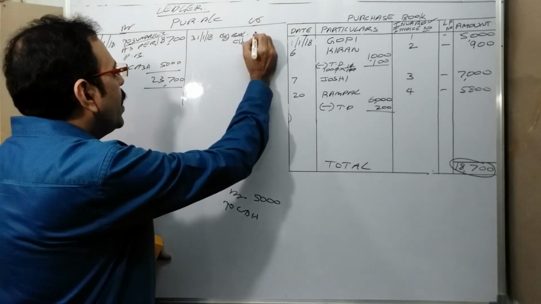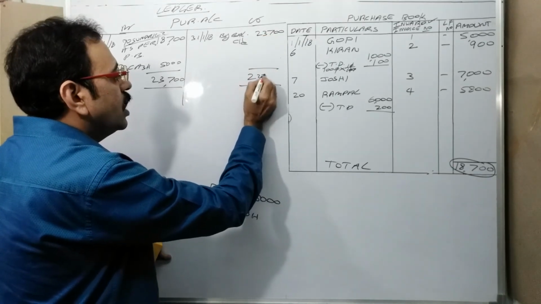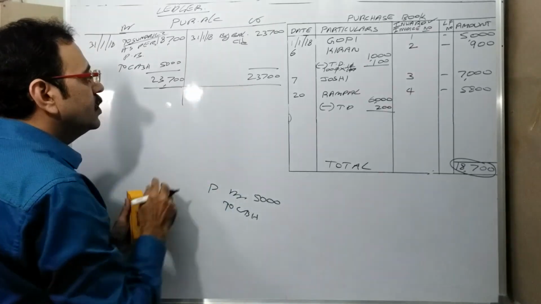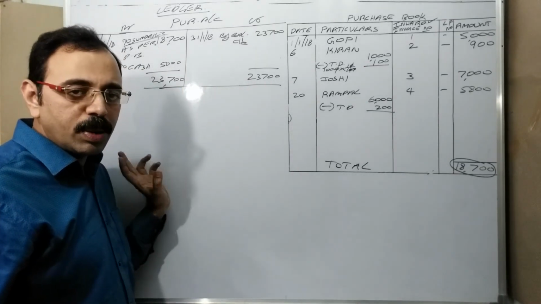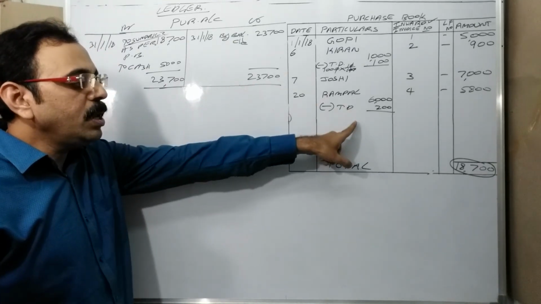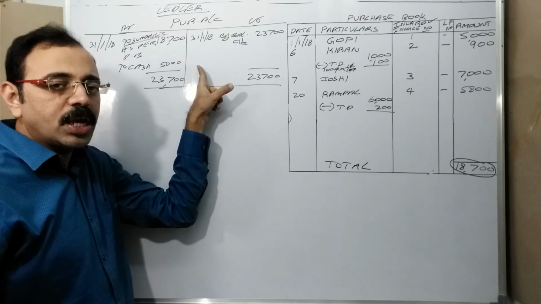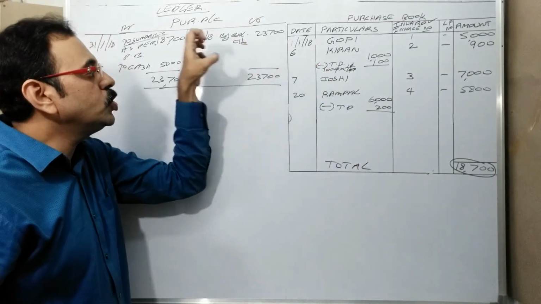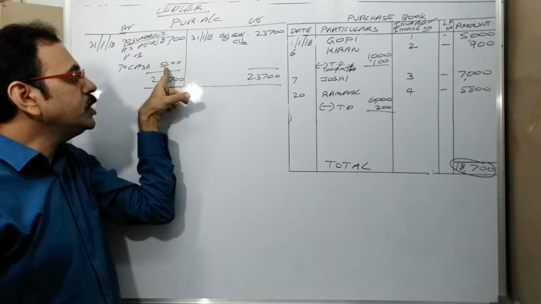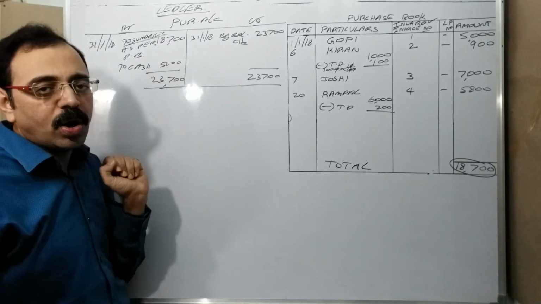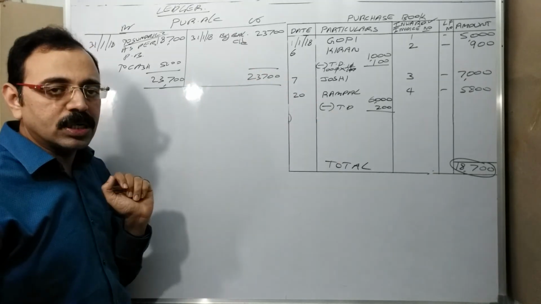Now the purchase account balance carried down amount is 23,700. In this manner, we should prepare the purchase account. So remember, when we are maintaining subsidiary books and preparing the purchase account, credit purchases you should take from the subsidiary book, the purchase book, and cash purchases you should record separately. Don't think that the purchase account contains only credit purchases.